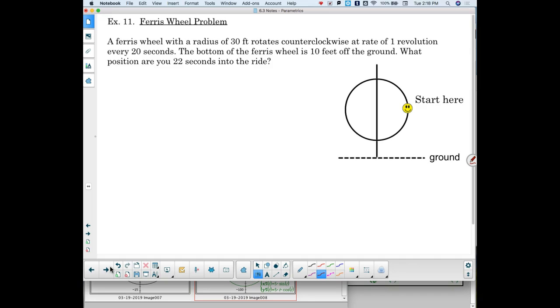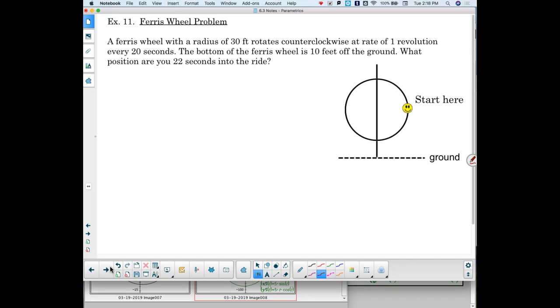Let's come up with an answer to this problem. The problem is: a Ferris wheel with a radius of 30 feet rotates counterclockwise at a rate of 1 revolution every 20 seconds.